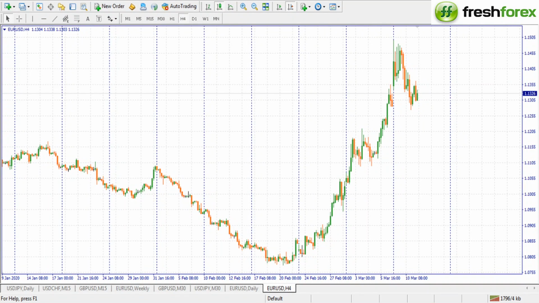This is how the 4 hours looks. This is in very good shape. We had some, this is like a bull formation.